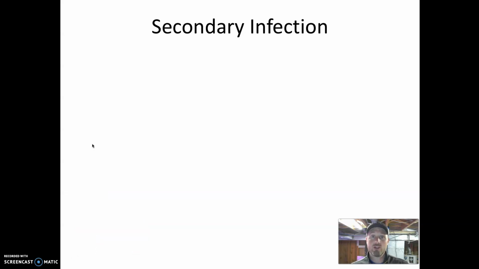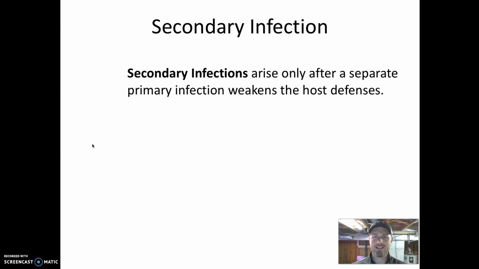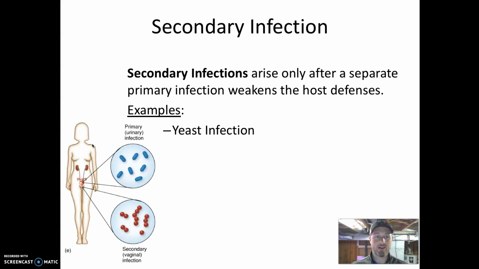The last thing we should be comfortable describing or using to describe infections is a secondary infection. So a secondary infection arises only after a previous primary infection weakens the host's defenses, allowing some other organism to cause harm. So let's think of an example of a secondary infection. We've talked about one previously in our course when we addressed superinfections, and it is the case of a yeast infection.